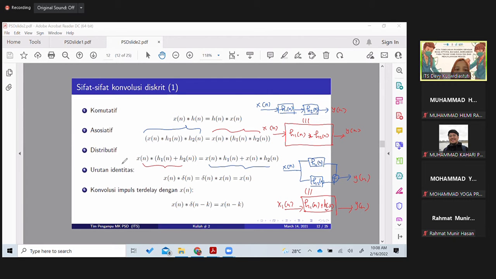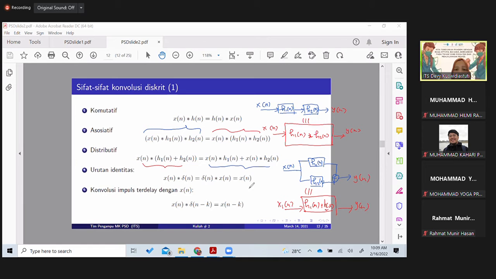And then for the identity property here, x[n] convolved with δ[n] will equal δ[n] convolved with x[n].